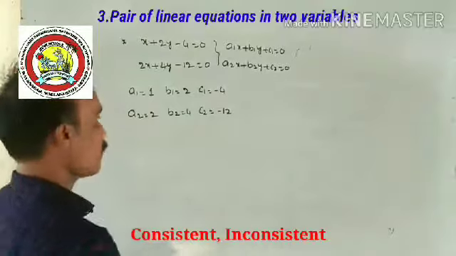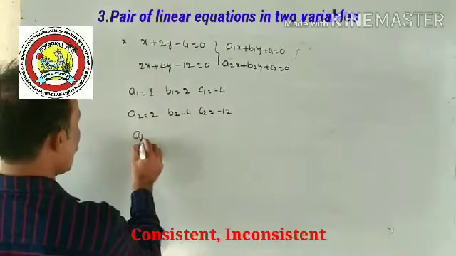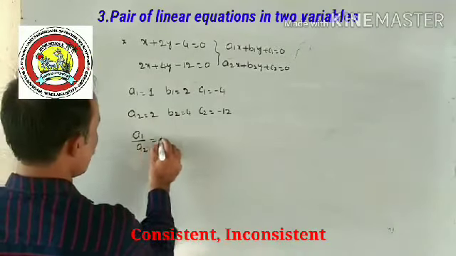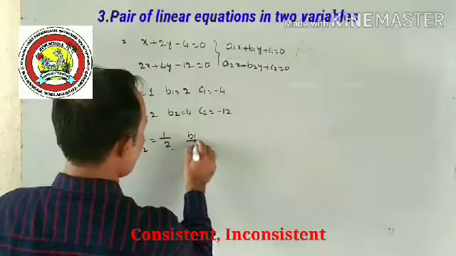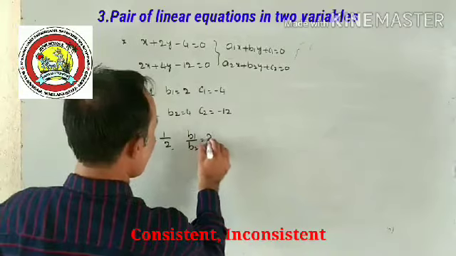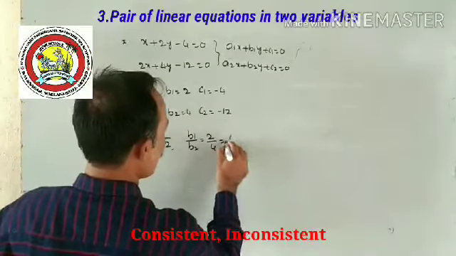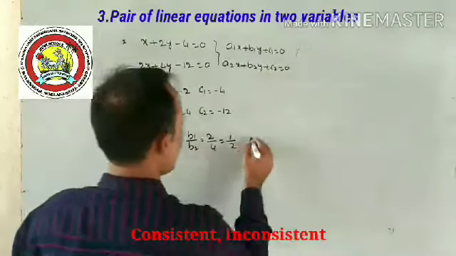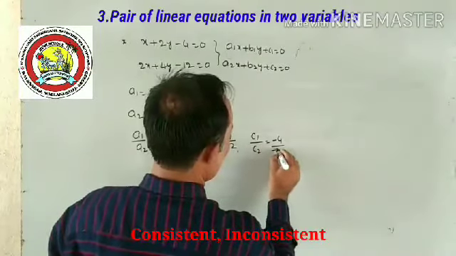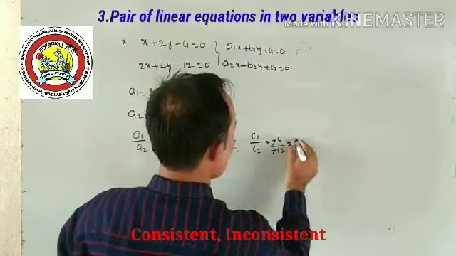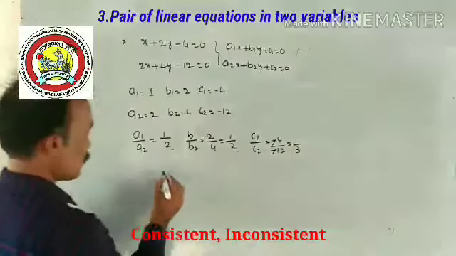Now we check one by one. What is the value of a1 by a2? That is 1 by 2. What is the value of b1 by b2? 2 by 4 is equal to 1 by 2. Next, finally, c1 by c2, that is minus 4 divided by minus 12, which cancels to 1 by 3.